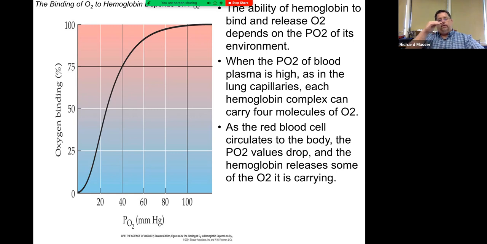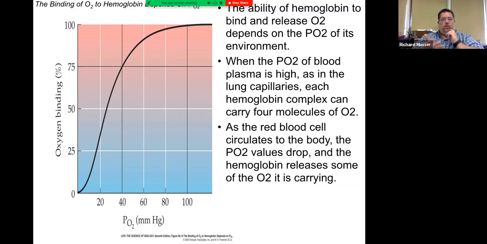And then as it travels through the body, it's going to start reaching tissues where the oxygen that's in the blood plasma is going to diffuse and leave the blood plasma. And in doing so, it's going to change the amount of oxygen in the environment. And then that will cause the hemoglobin to liberate and release some of its oxygen.